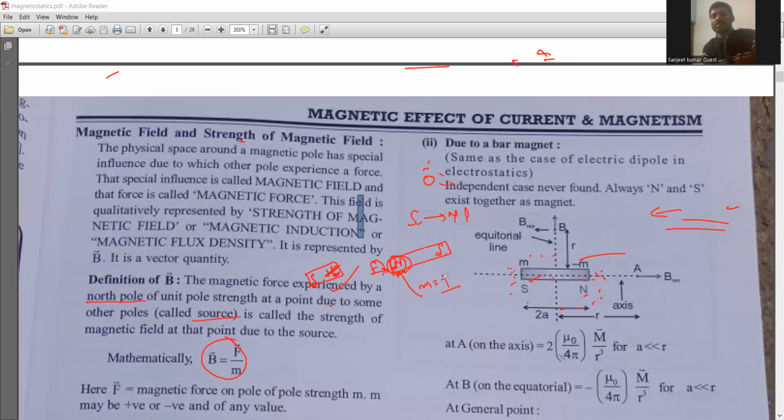If this condition holds, then B will be equal to F. Like when M becomes 1, M is equal to 1, then B is equal to F. So what is B? B is the force when M is equal to 1. Are you getting my point? That means if this pole is experiencing force F and its M is equal to 1, then that force will be equal to B.